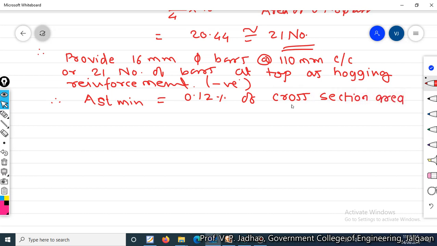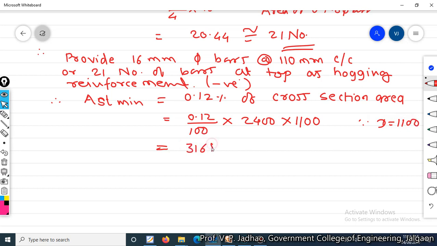So that is equal to 0.12 divided by 100, multiplied by the area, 2400, that is B, multiplied by the total depth of our footing, capital D equal to 1100. This AST minimum comes out to be 3168 mm square.